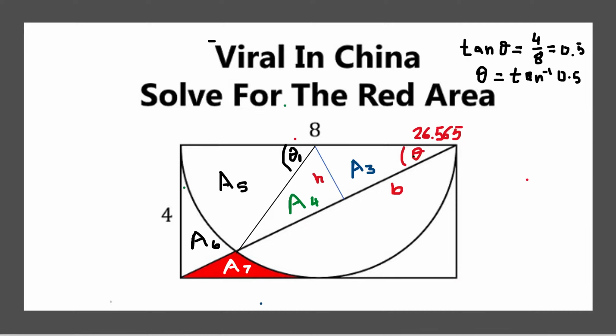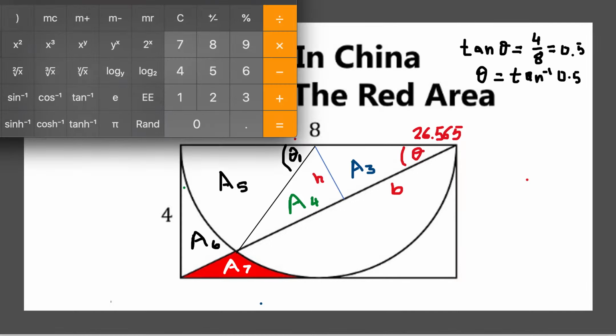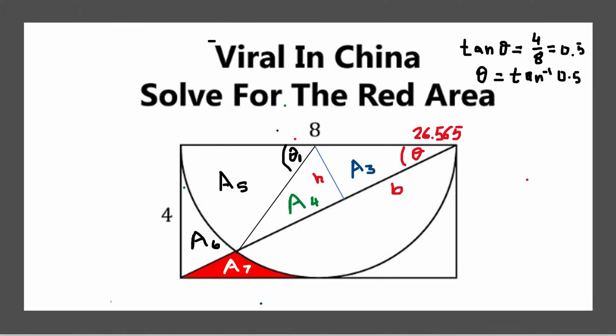This theta we already know is an inscribed angle in the circle, and the central angle is twice the inscribed angle, so we just multiply the angle theta by 2, and we get 53.13. So this angle here is 53.13. I will write it here because I don't have enough space. So we already have this theta 1 here.